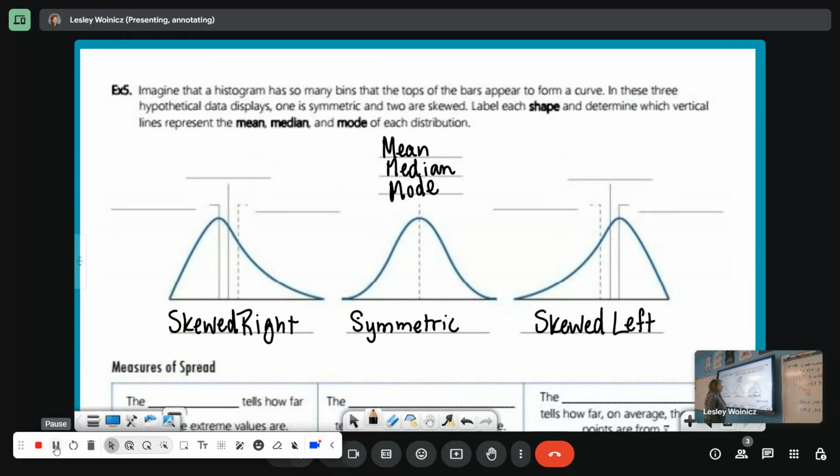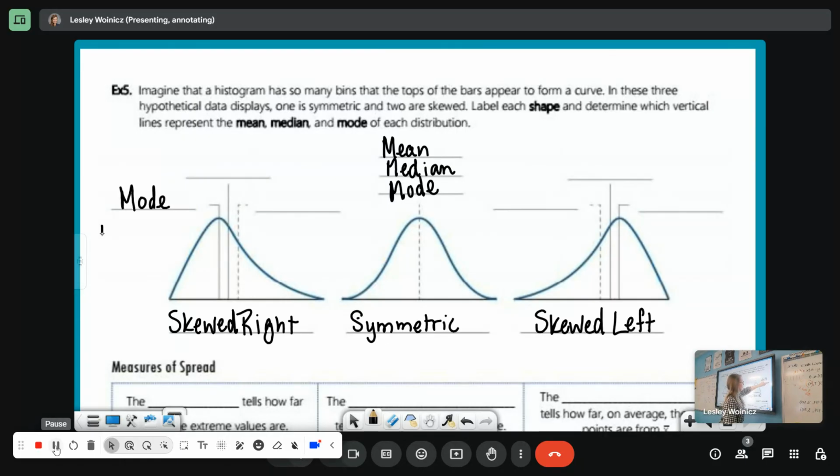All right, now on these other two, it gets a little bit more exciting. Our mode is our most repeated value. So our mode is always going to be at the peak, at the highest point. So that one's easy to find. So the highest point here is right there, so that makes this the mode.